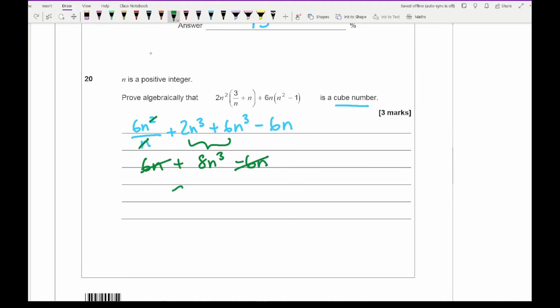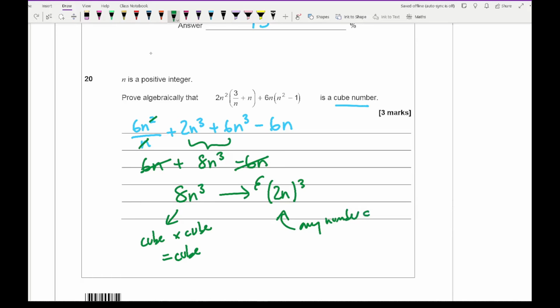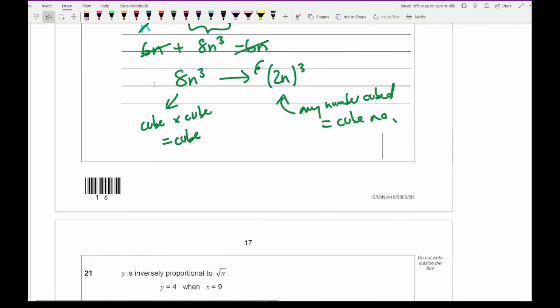So what I'm left with is 8n cubed, which I could factorize to give me 2n cubed. Now here, 8 is a cube number, times a cube number, n cubed, is always going to be a cube number. Or this is probably better: any number cubed will equal a cube number. And that should be good enough to get you 3 marks.